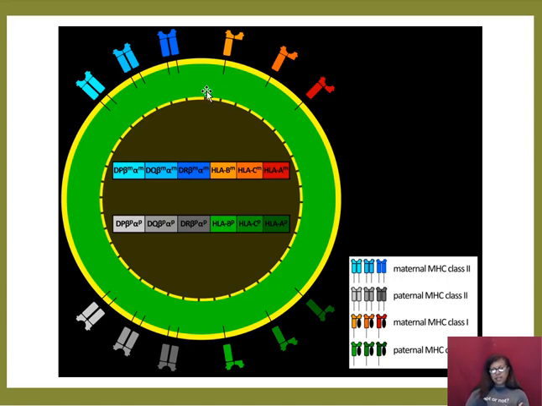And that's because it is extremely complex. We have yet to find a way to remove all of these major histocompatibility complexes from each and every cell of an organ that we want to transplant.